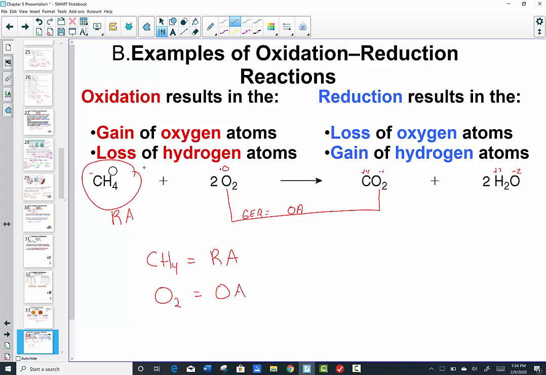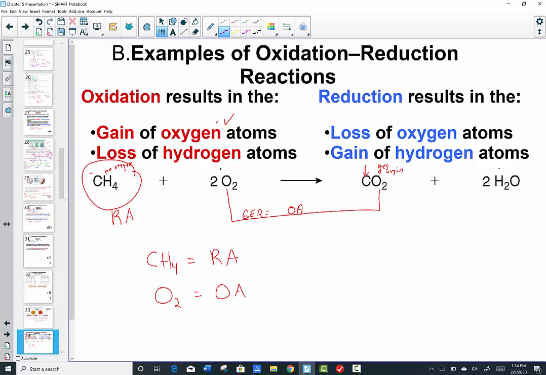If this change of charge, let's apply this second rule here. Who gained more oxygen? Well, the carbon did. The carbon had no oxygen here, but it has oxygen here. Gaining more oxygen is oxidation, right?